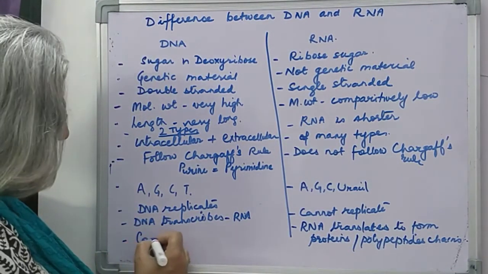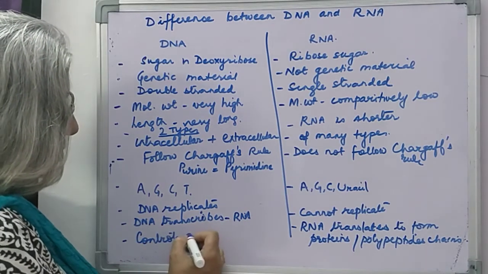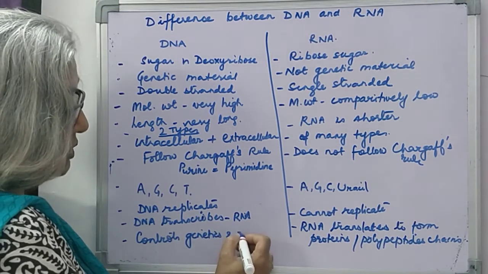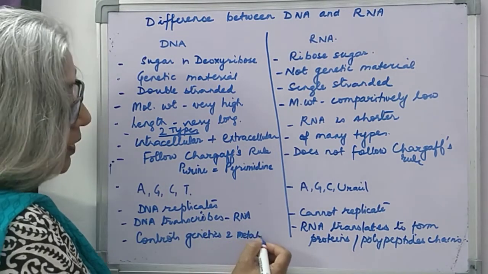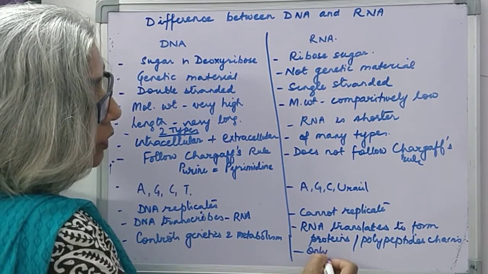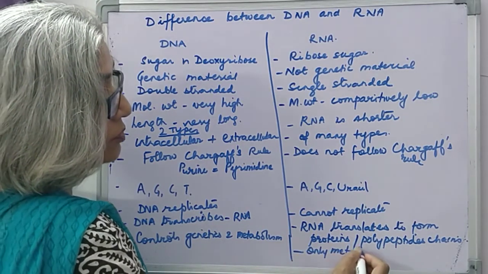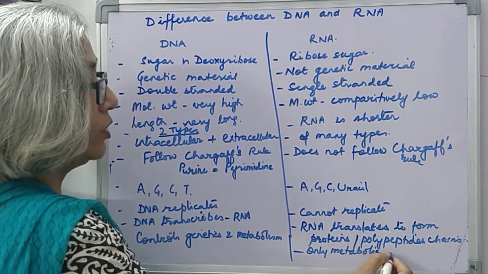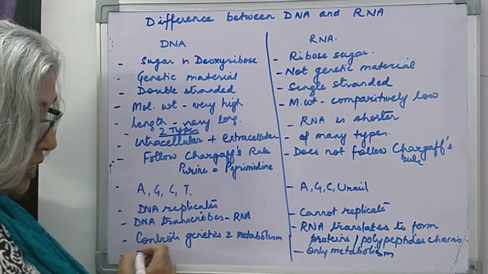DNA controls genetics and metabolism, and RNA controls only metabolism, not responsible for transfer of genetic material, because DNA forms the genes.